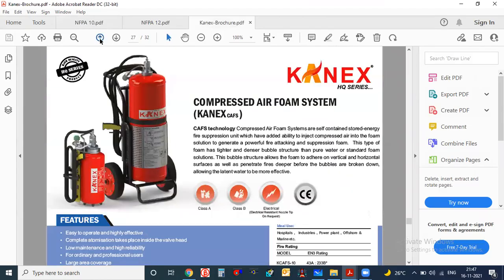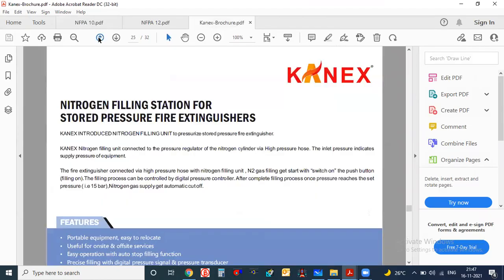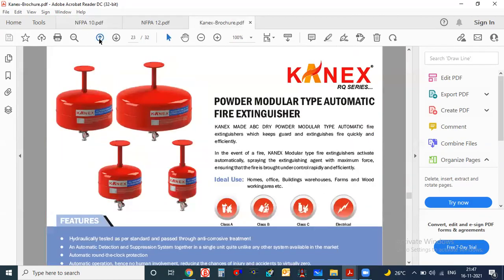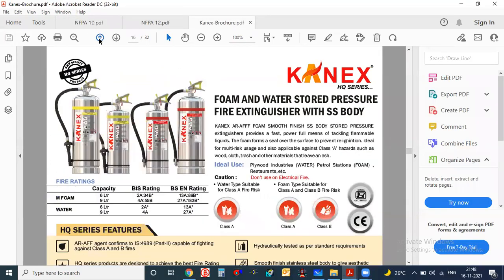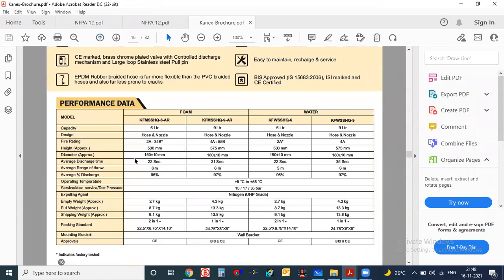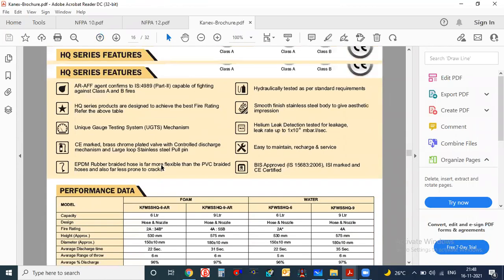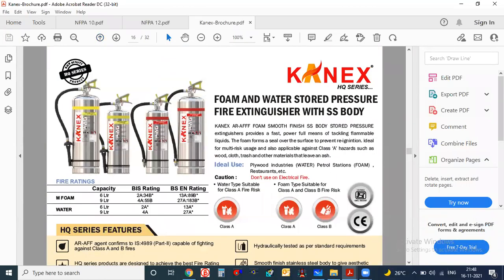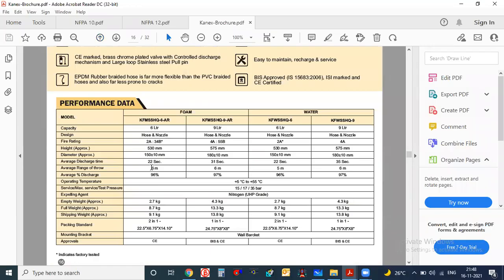Here it is written actually. That is not given in NFPA 10 anywhere. But from this document, I have seen they have written the throws here only. Like 6 meter means, if you open this fire extinguisher, it can go up to 6 meter. If you extinguish fire, it can go 6 meter and it will be 360 degree.